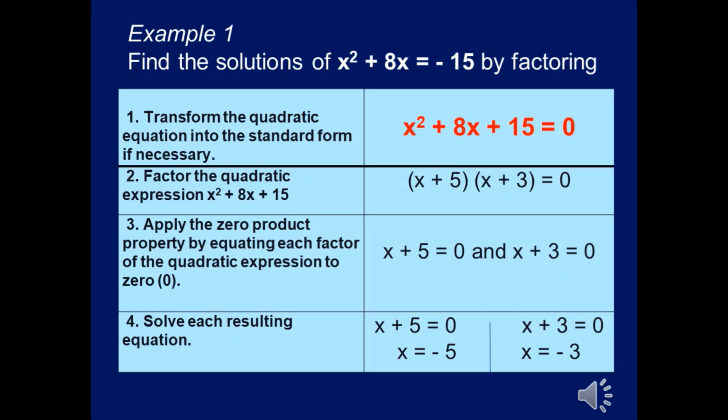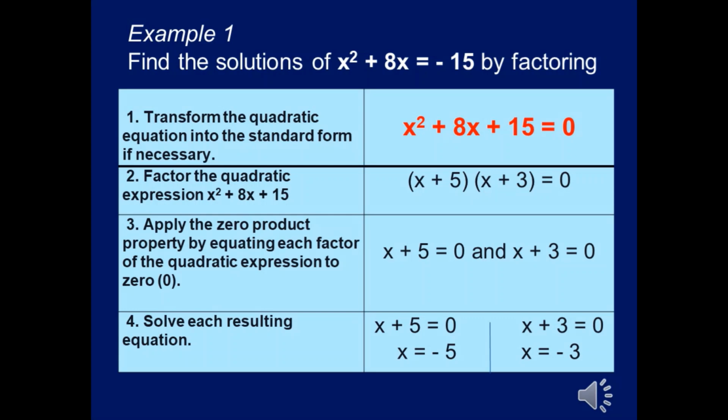Since our factors are x plus 5 and x plus 3, we equate each factor individually. So it becomes x plus 5 equals 0 for the first factor and x plus 3 equals 0 for the second factor. Then we solve each resulting equation in order to get the value of x.